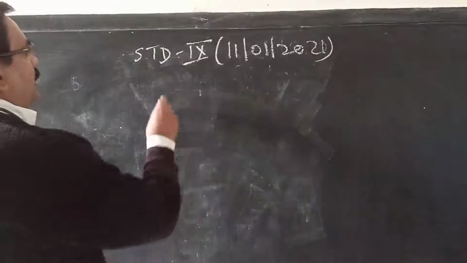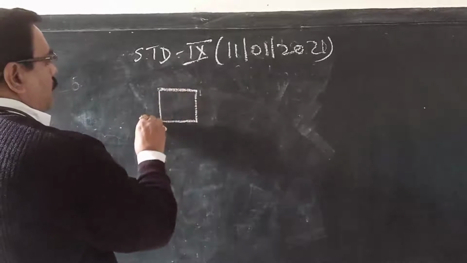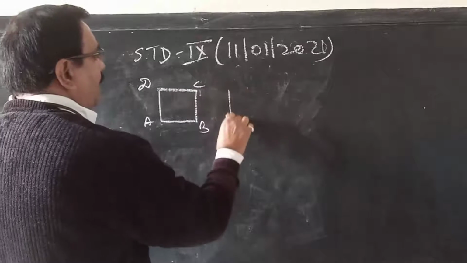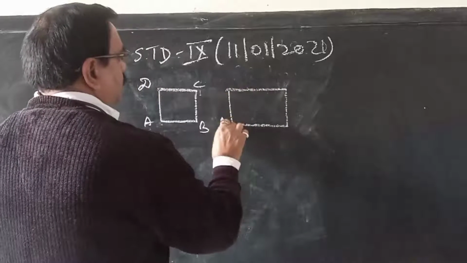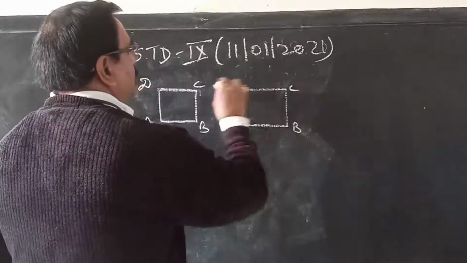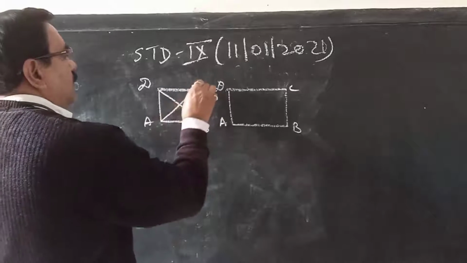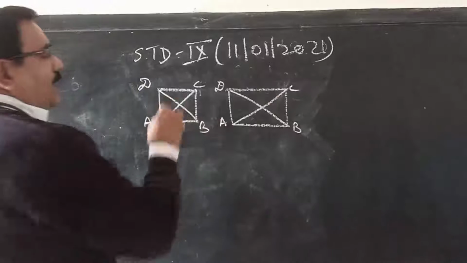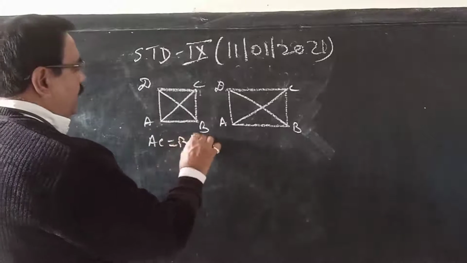Then a square ABCD and a rectangle. This is the diagonal of the square, this is the diagonal of the rectangle. Diagonal AC is equal to BD.